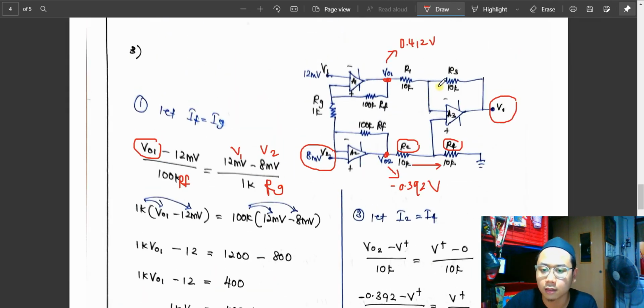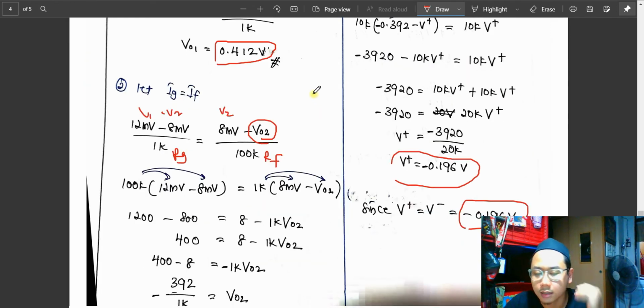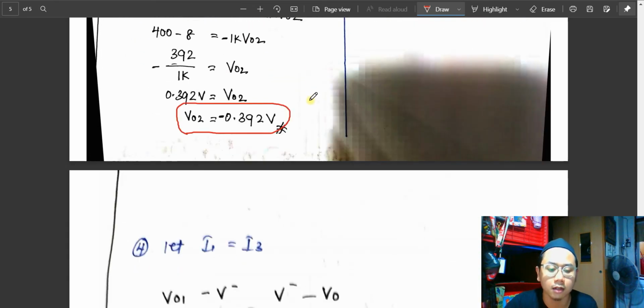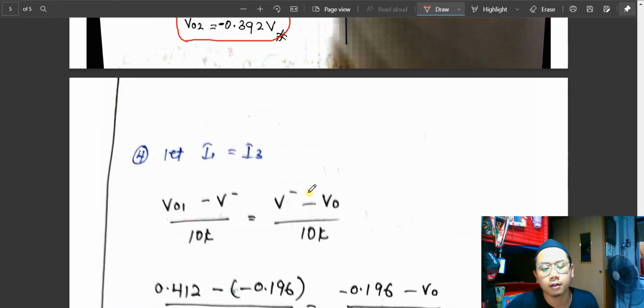On this circuit, we can see that the current flow at R1 is the same as the current flow at R3, and then we just do the same method, the same formula: V out 1 minus V minus over 10k is equal to V minus minus V out, which we need to find, over 10k. And just like step 3, the 10k value is the value of R3 and R4.